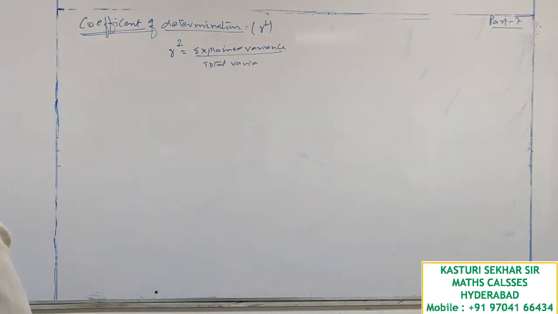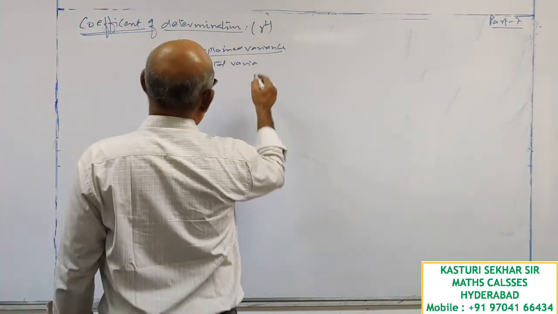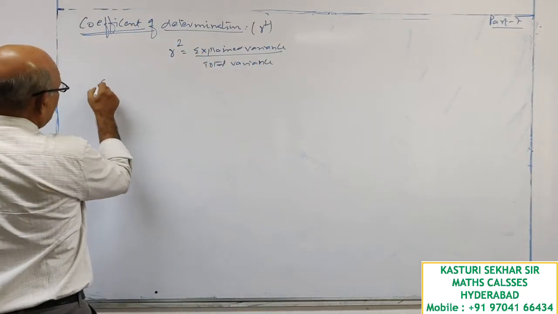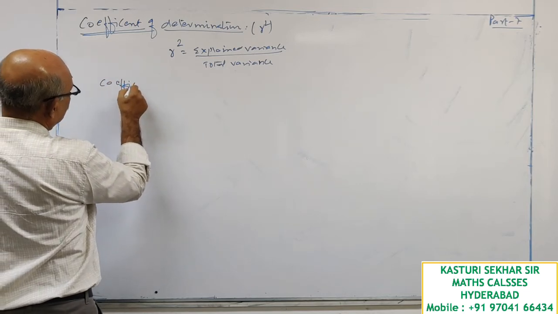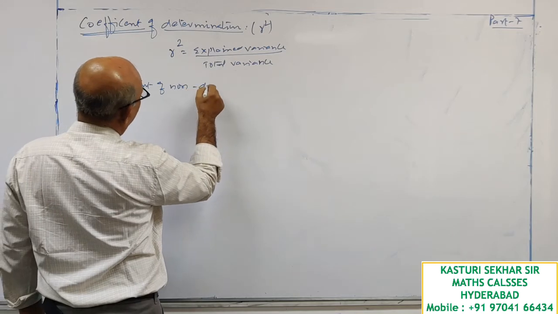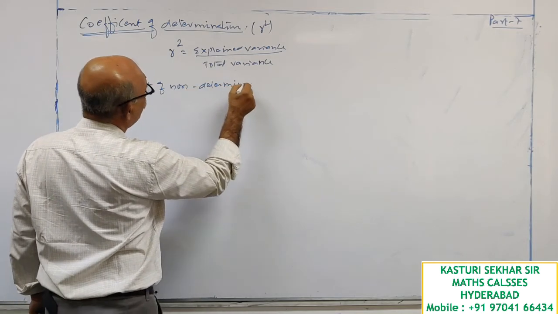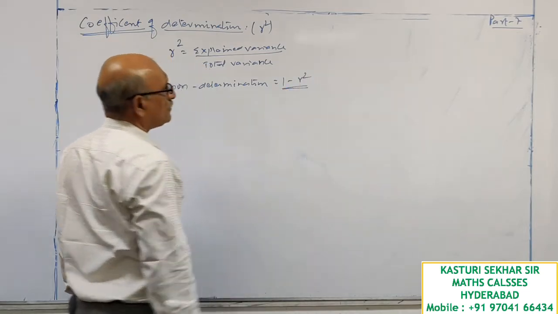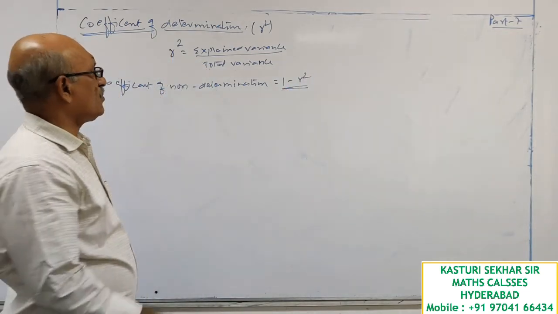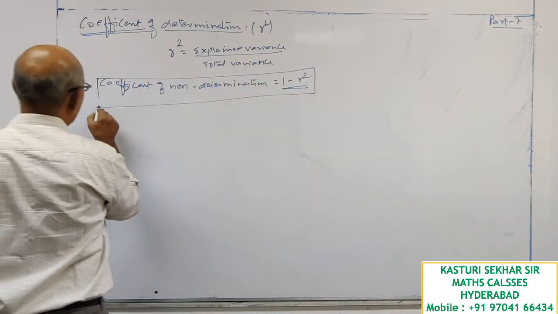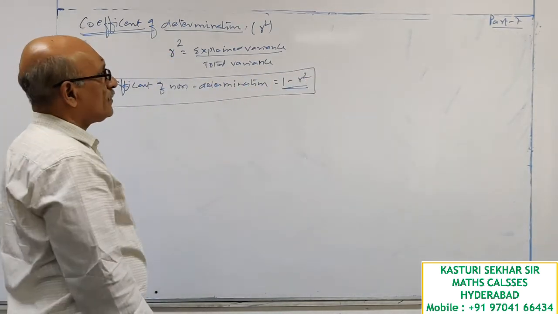Coefficient of non-determination is equal to 1 minus r square. This way there are two more points which you have to remember in correlation.